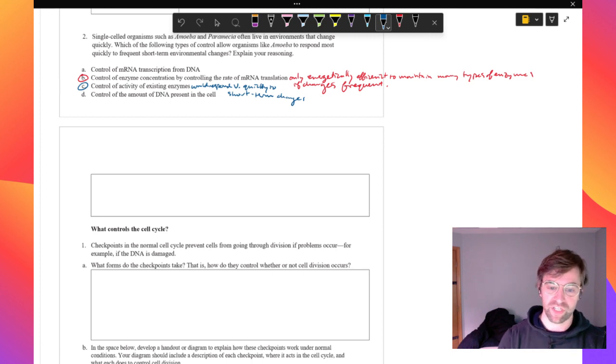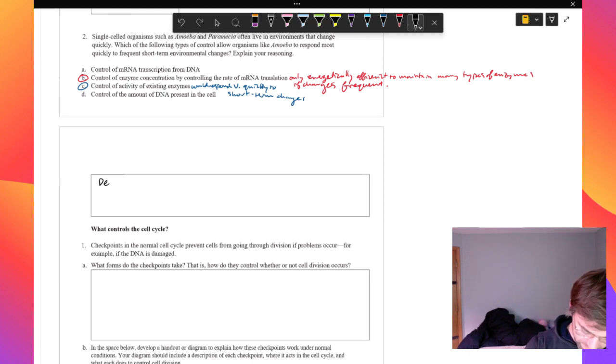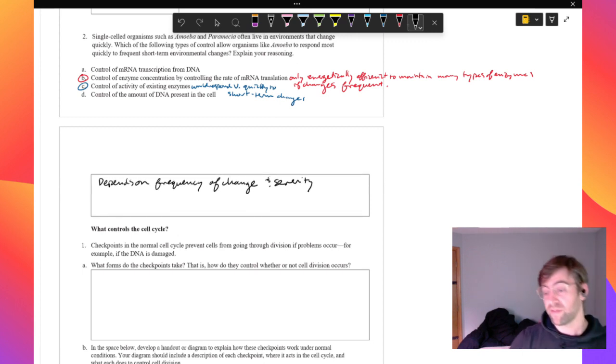If the changes occur infrequently and do not result in the death of the organism, but rather reduced function, then it's energetically more efficient to instead control the rate of mRNA transcription from DNA. Right? Yeah, we're gonna leave that. Depends on frequency of change and we'll say severity. Severity meaning is it an existential threat to the organism?